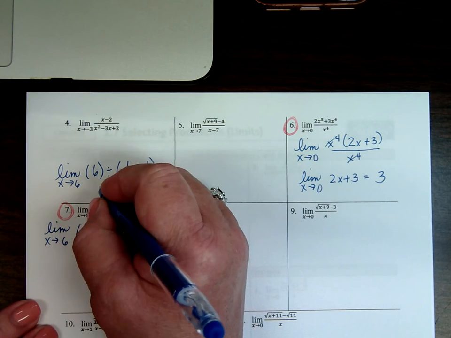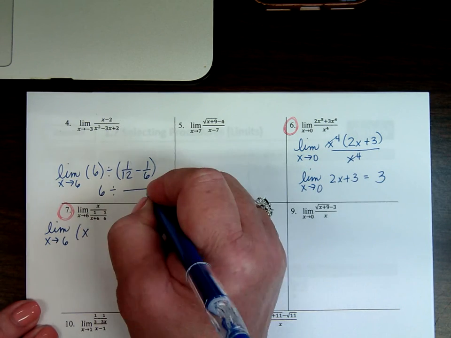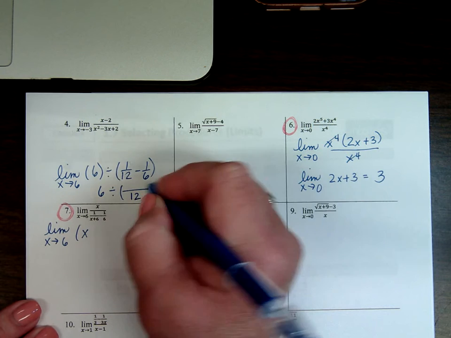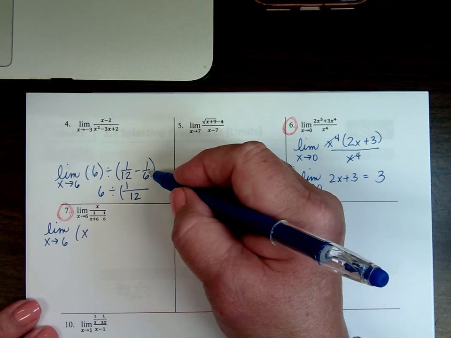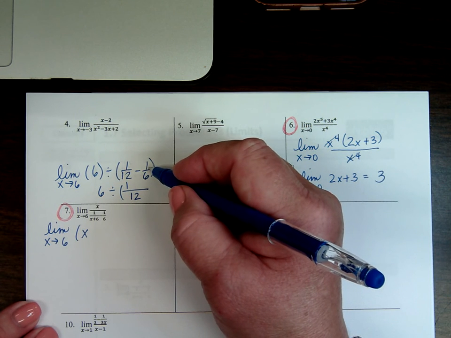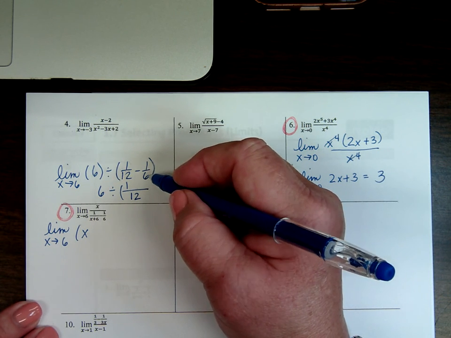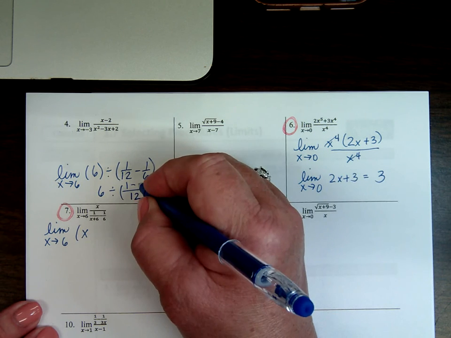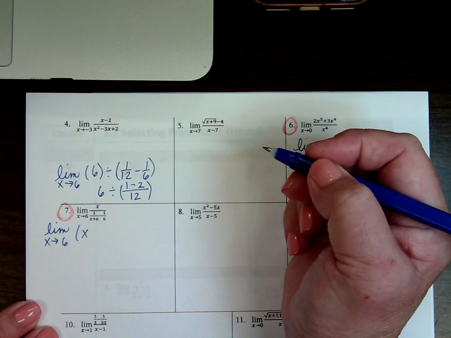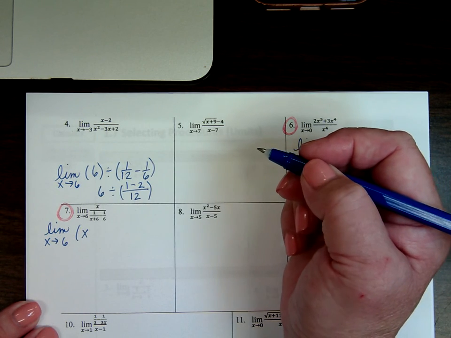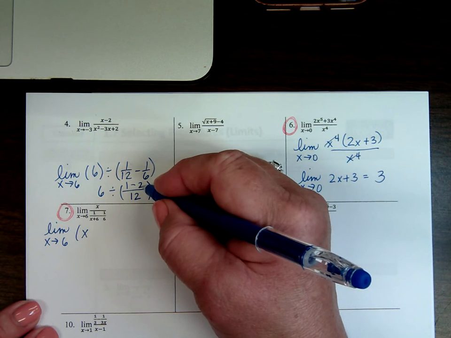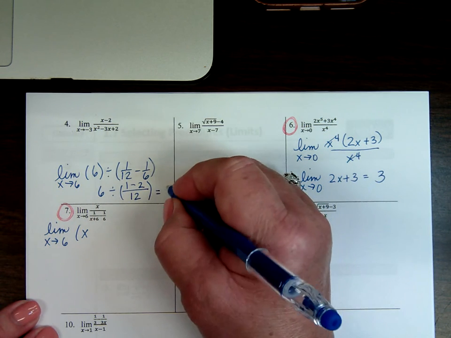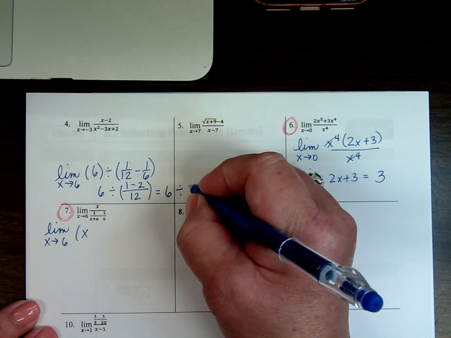So it's 6 divided by, if I make these twelfths, it's 1/12, and I've got to multiply by 2 over here. So that's going to be 2 twelfths, so minus 2. If I do 1 minus 2, it's a -1, so what I really have is 6 divided by a -1/12.